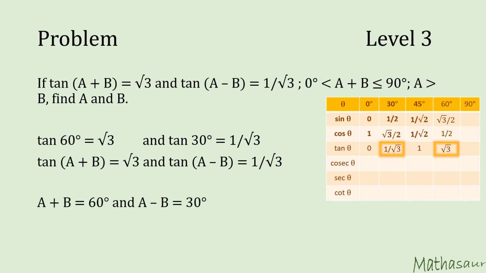Now since A plus B is less than 90 degrees, I can easily conclude that A plus B equals 60 degrees and A minus B equals 30 degrees. Adding these two equations, we get A equals 45 degrees. Substituting the value for A, we get B equals 15 degrees. Now this makes sense because A is greater than B.